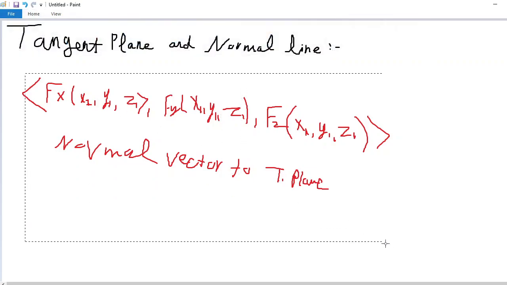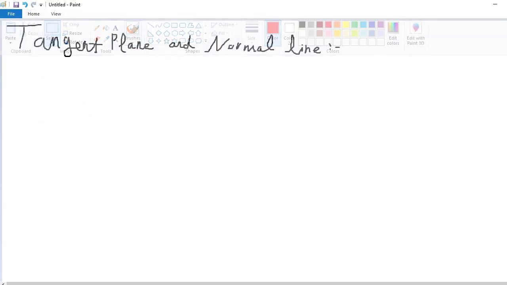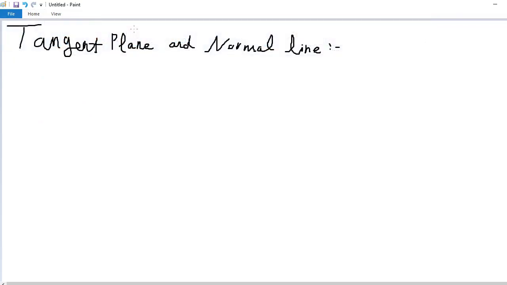The last important thing that we always use is another law called the equation of the normal line. We can call it the parametric equations, which we also took in calculus 2.